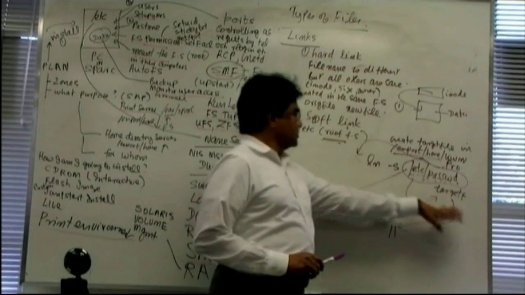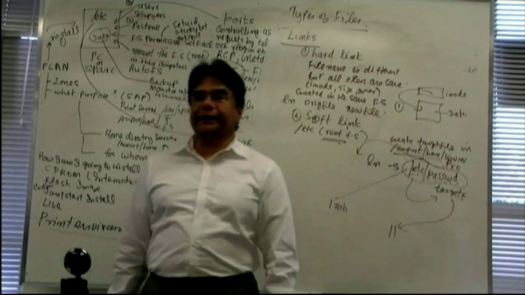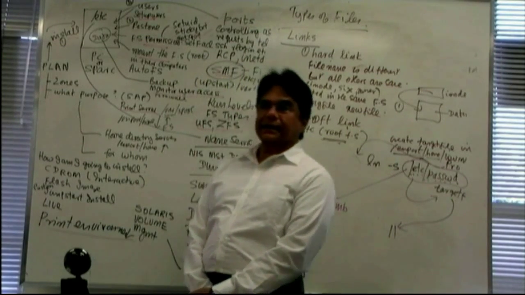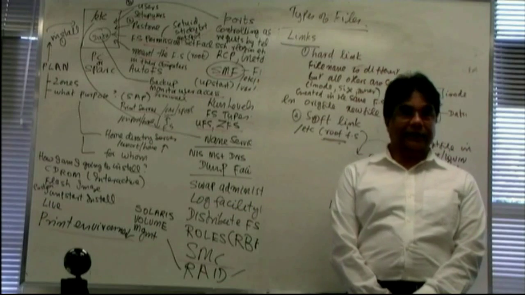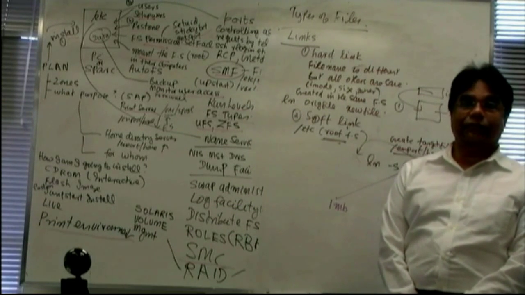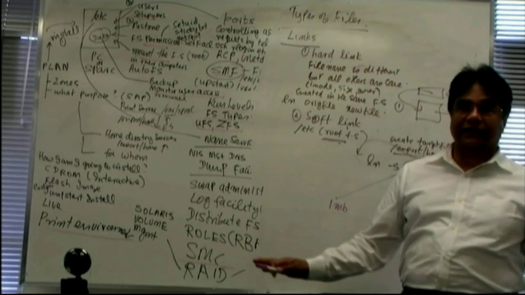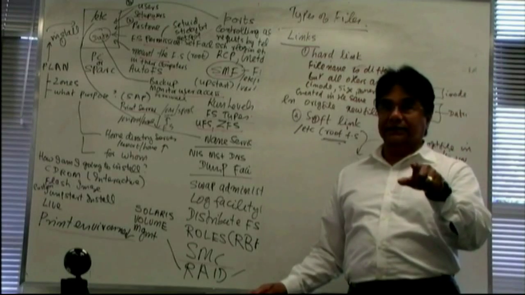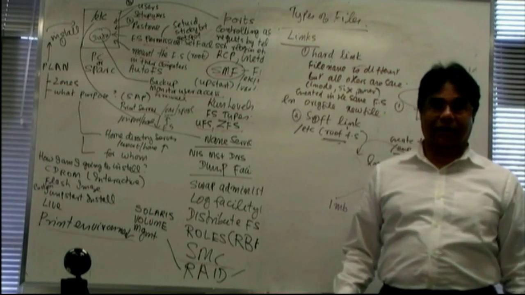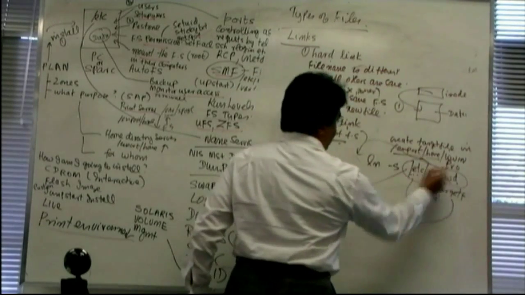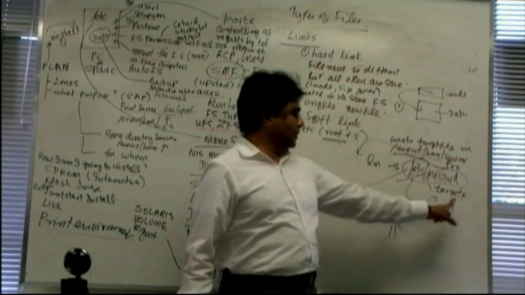So this is the way I create a symbolic link. The advantage of a symbolic link is that I can create it between file systems. The disadvantage is that if one is destroyed, the other may be an orphan. If this file is not there, what will happen to this?